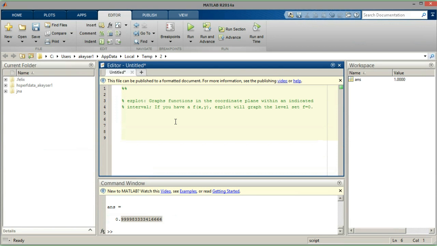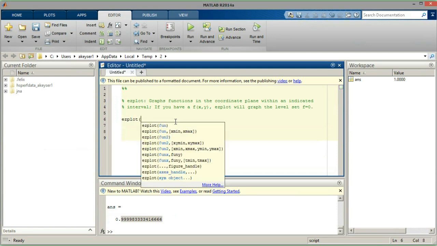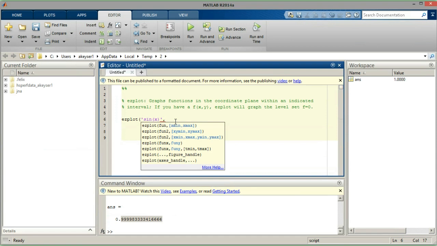Okay, so you put EasyPlot, put your parentheses, and that's telling MATLAB that it's going to execute something. And then just like we did before, we're going to put our single quotations and put the actual function there. So I'm saying let's put sine of x, and then let's close our quotation, and then we have to indicate an interval because EasyPlot deals with intervals.